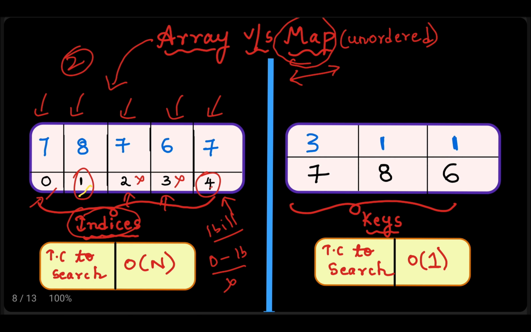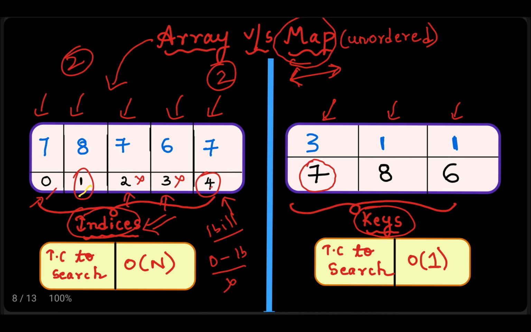Observing these two major problems, a new data structure called map was introduced, where instead of indices there are keys, and we can just give a key and assign a value for each key.